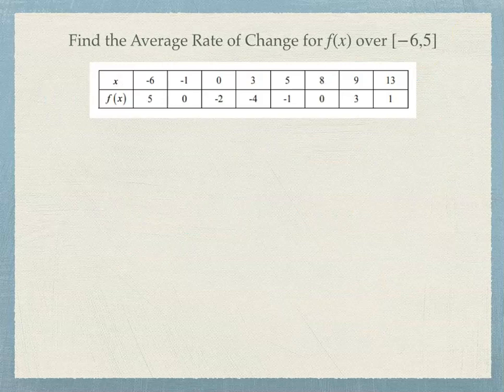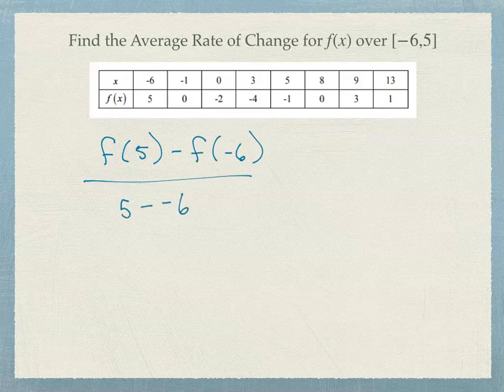You can also do this calculation if you have a table. So you can say, I want to find the average rate of change over -6, 5. Well, I need f of 5 minus f of -6 over 5 minus -6. All right.